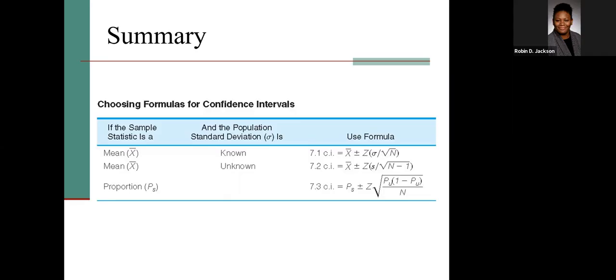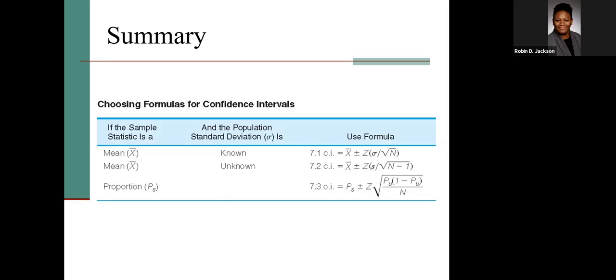I would have this table or this chart. It appears somewhere in your book. I don't remember where, but I would have this so that you know what sample statistic is being used with each type of problem. Okay, you know that for confidence intervals for the first two, we use the sample mean, but the formula changes when we know versus when we don't know the population standard deviation.